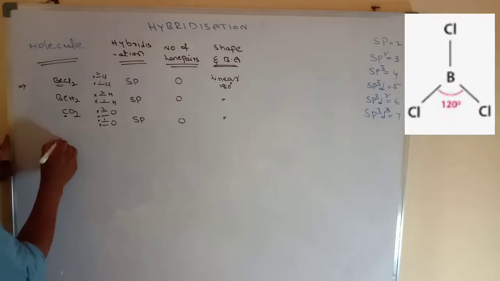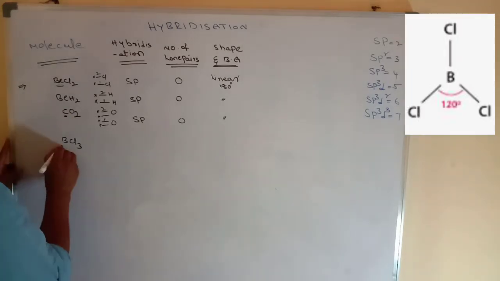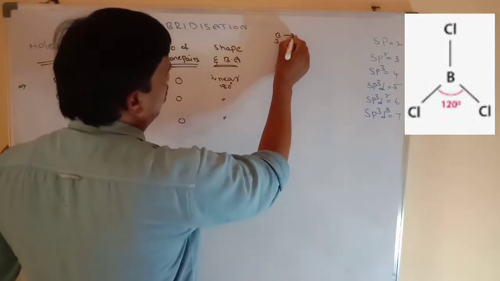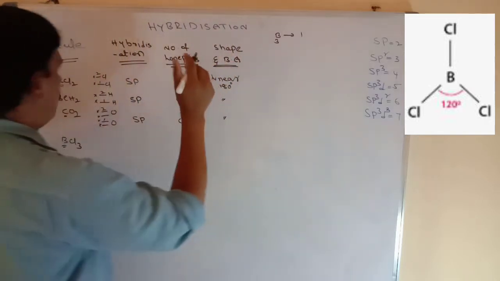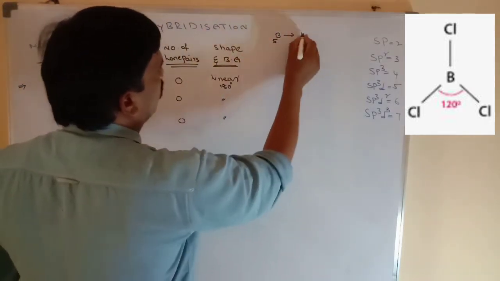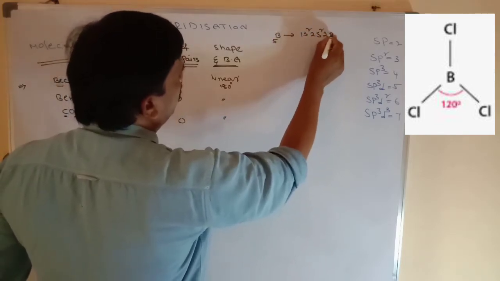Okay, for example, I want to discuss BCl3, boron trichloride. Boron atomic number is 5. Its electronic configuration is 1s2, 2s2, 2p1.